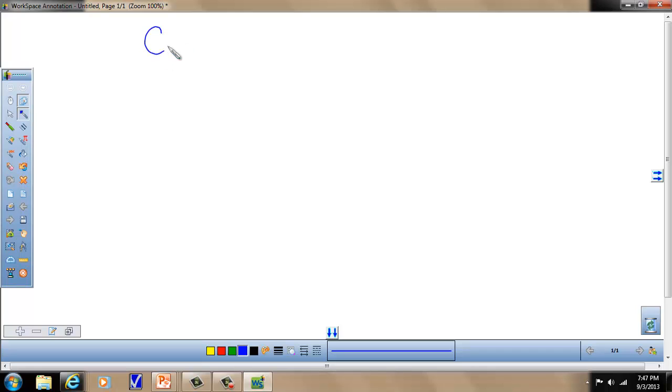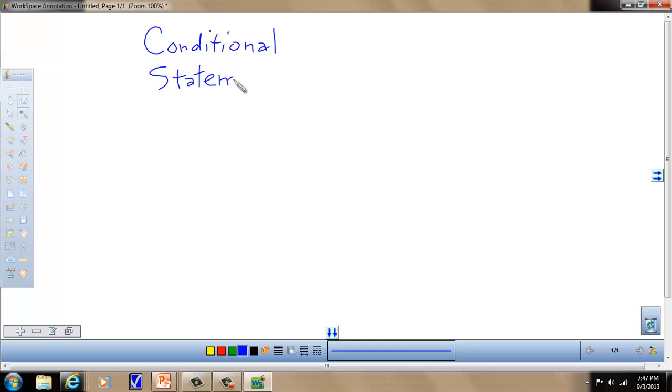And if we're talking about a conditional statement, I'm just going to do a shortened version of this that's often used in a lot of mathematics.